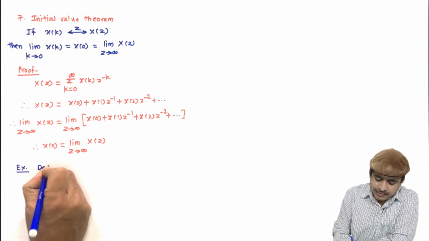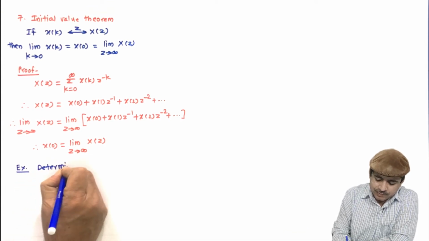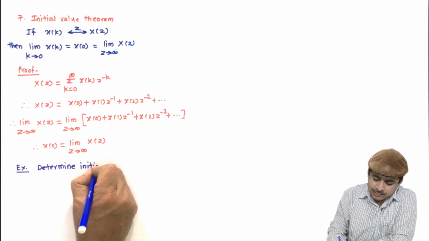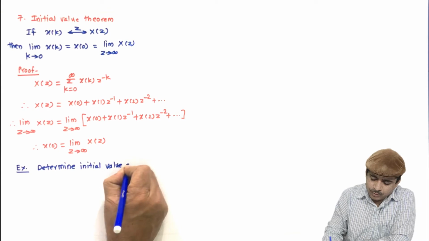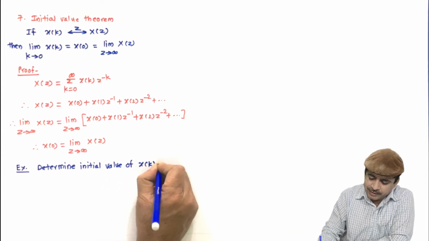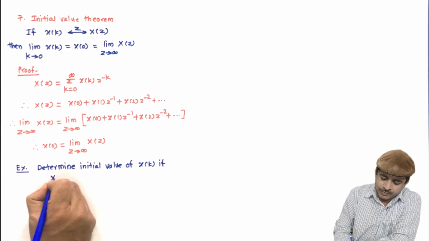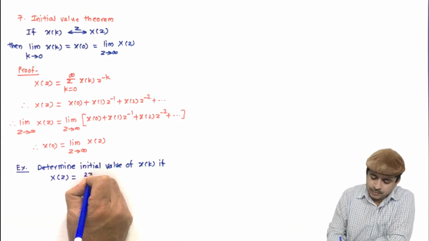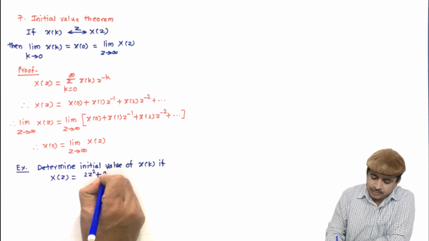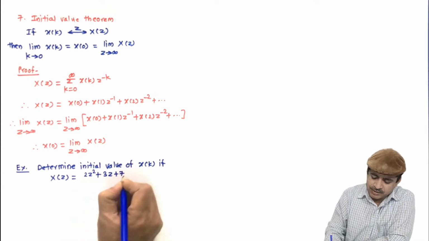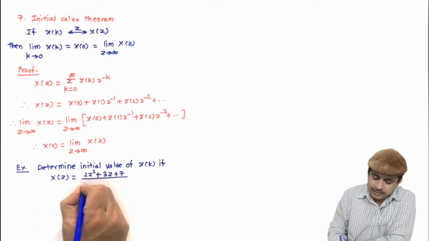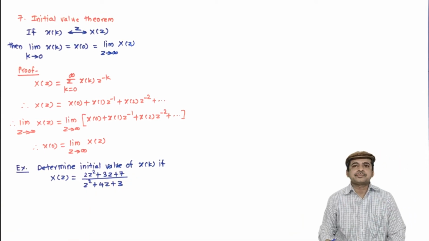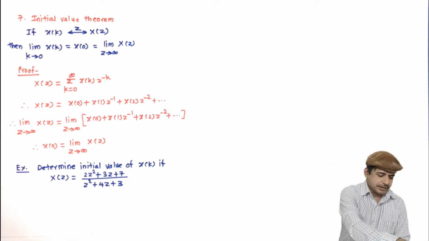Example: determine the initial value of x(k) if X(z) is equal to 2z square plus 3z plus 7 divided by z square plus 4z plus 3. And let us start solving it.